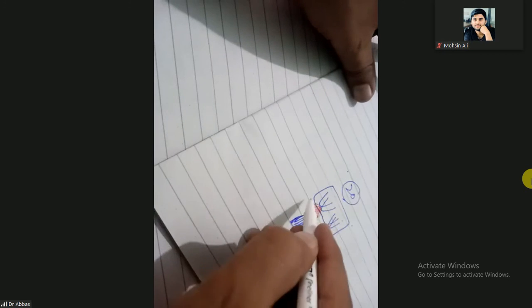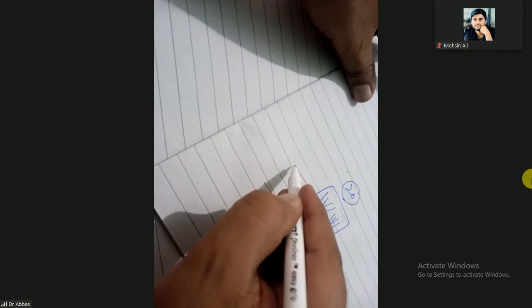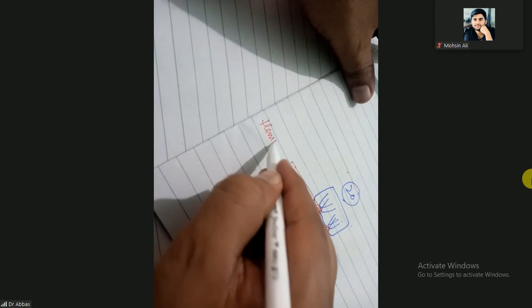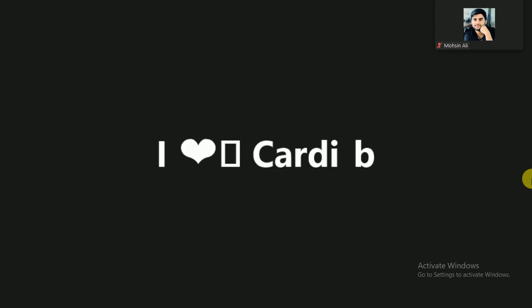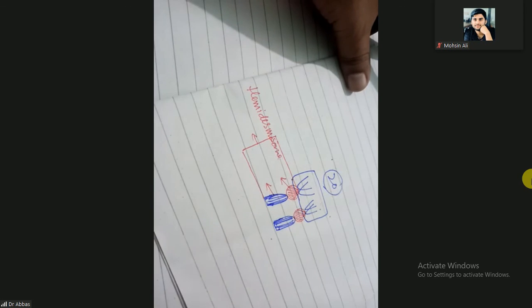Collectively, this portion from here up to here is known as the hemidesmosome. This portion and this portion have different names: plectin and integrin.